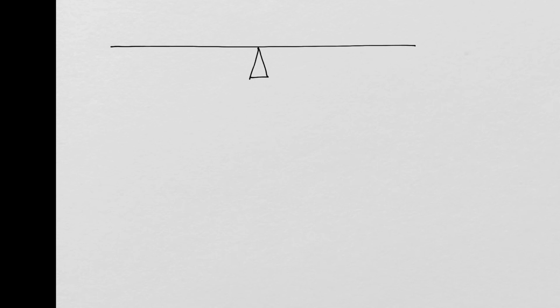I'm going to consider this to be my axis of rotation at that same spot. And then let's say I have several masses. Let's say I have mass 1, mass 2, and then mass 3.